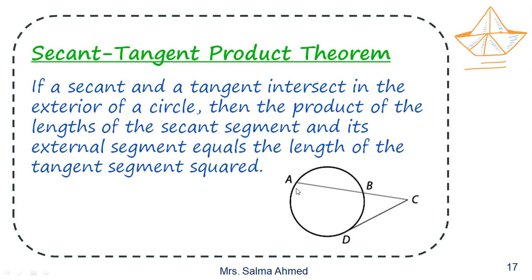So if I multiply the whole secant times its external part, it is equal to the tangent all squared. In other words, AC times BC is equal to CD, or DC, all squared. This is the third theorem, the secant-tangent product theorem.